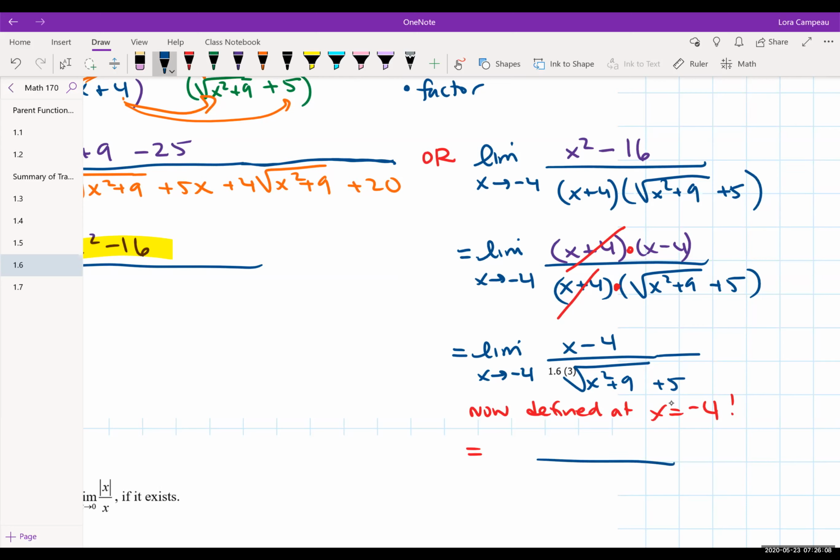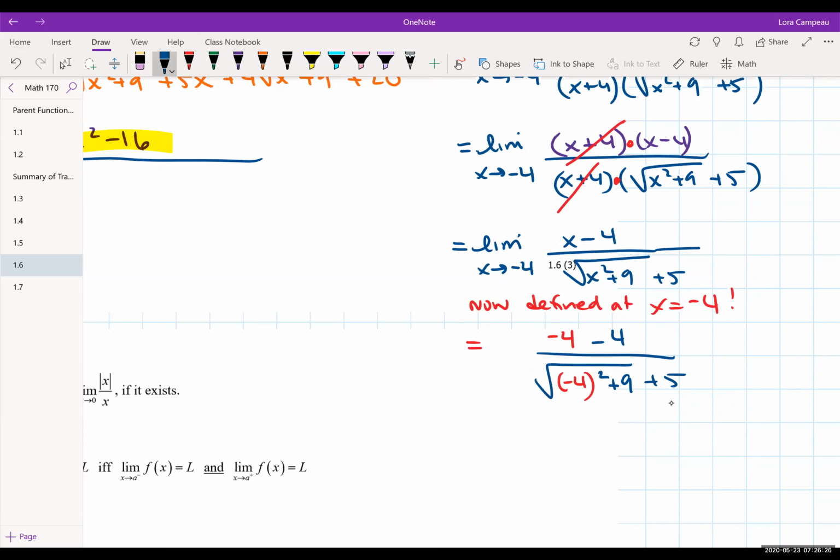We are plugging in -4 wherever we see x and seeing what happens when we simplify. So we should have negative 16 in the numerator. And the square root of 4 squared plus 9 is the square root of 25.